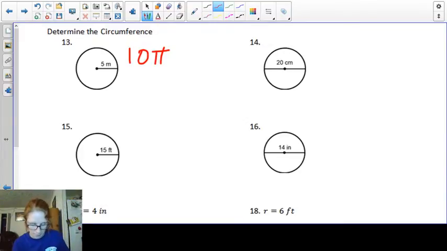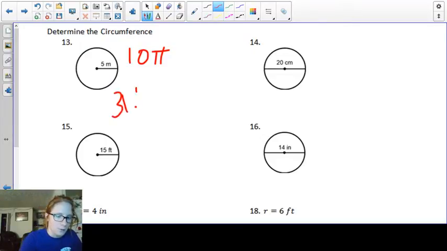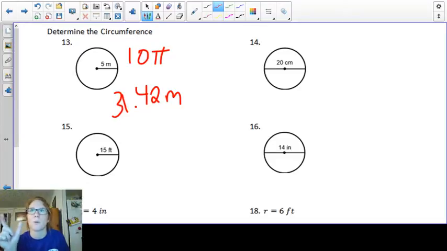So we have 10 pi, which when we multiply that in our calculators will give us 31.42 meters. Now, it's a length, so it's not squared. We're not having the area, we're just determining all the way around. So it's just in meters.